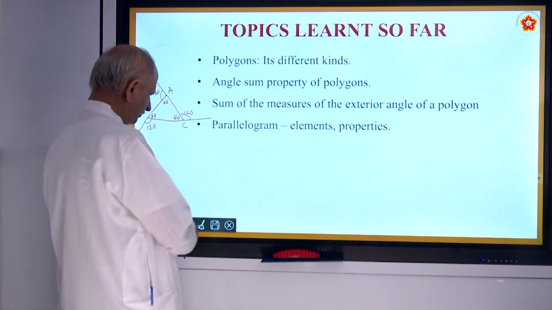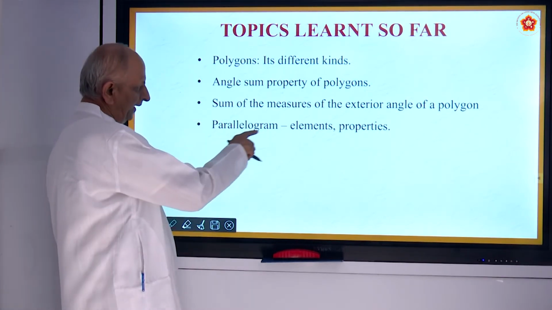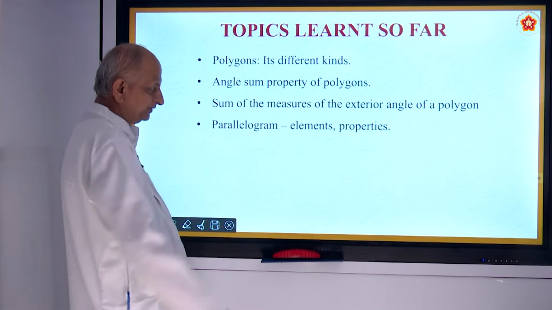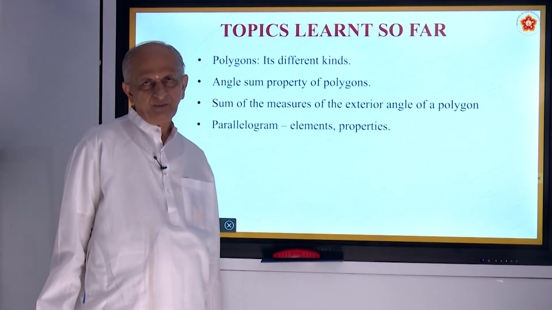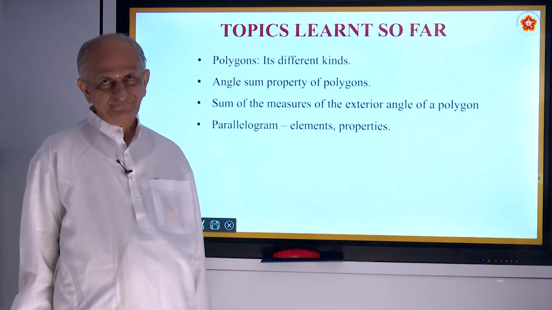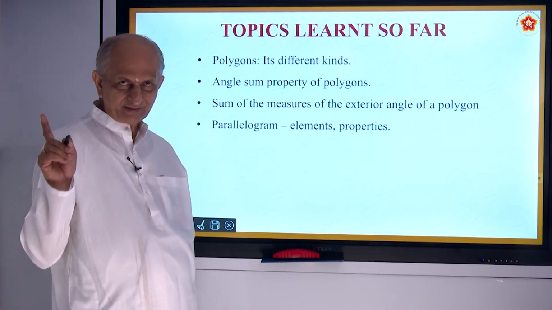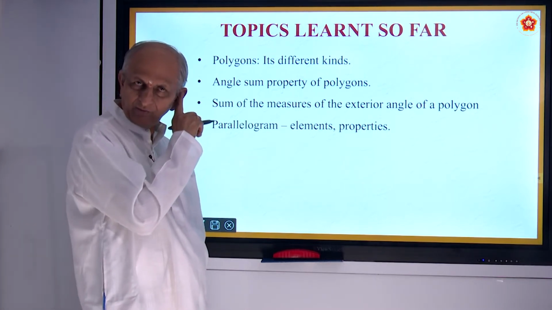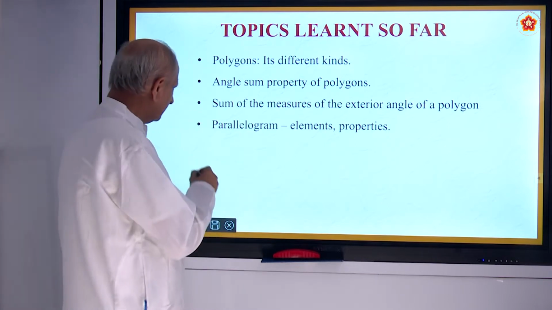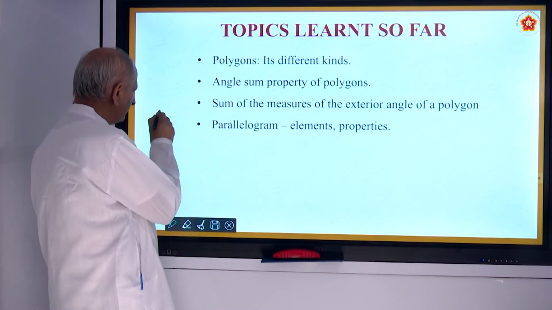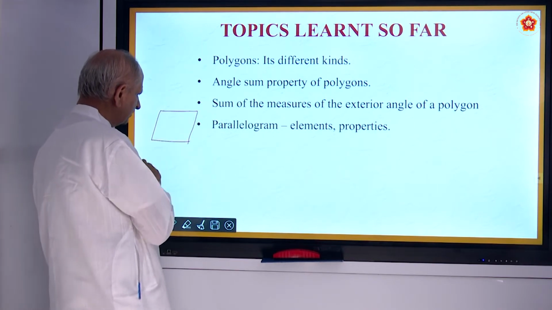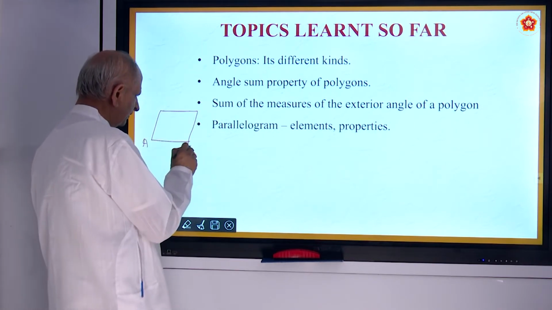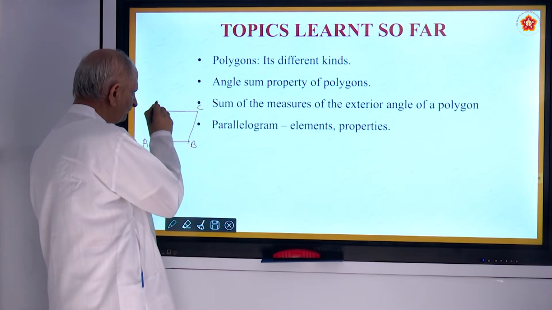And also we have seen the parallelogram, its elements and properties. Elements means, in a parallelogram how many vertices are there? 4 vertices, correct? How many angles? 4 angles. And what other elements do you have? So, a rough figure again, ABCD is a parallelogram.